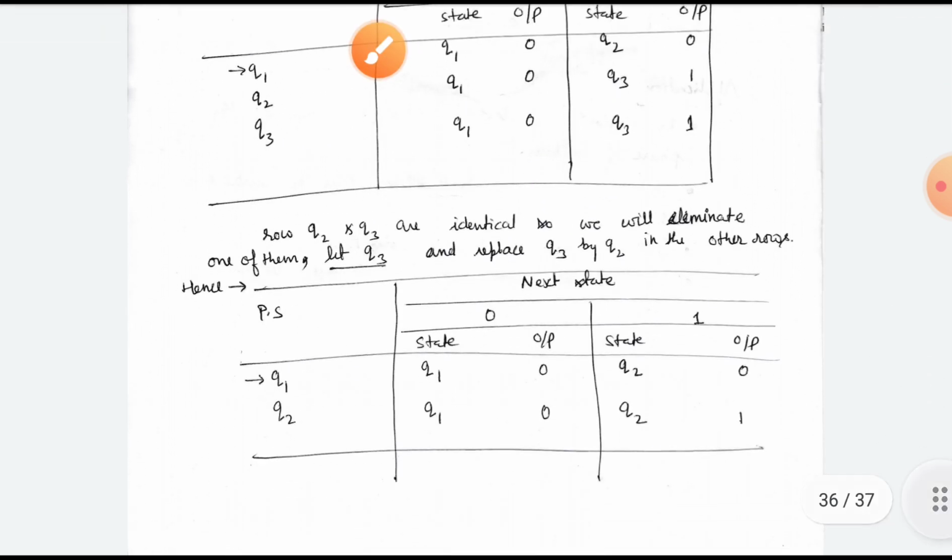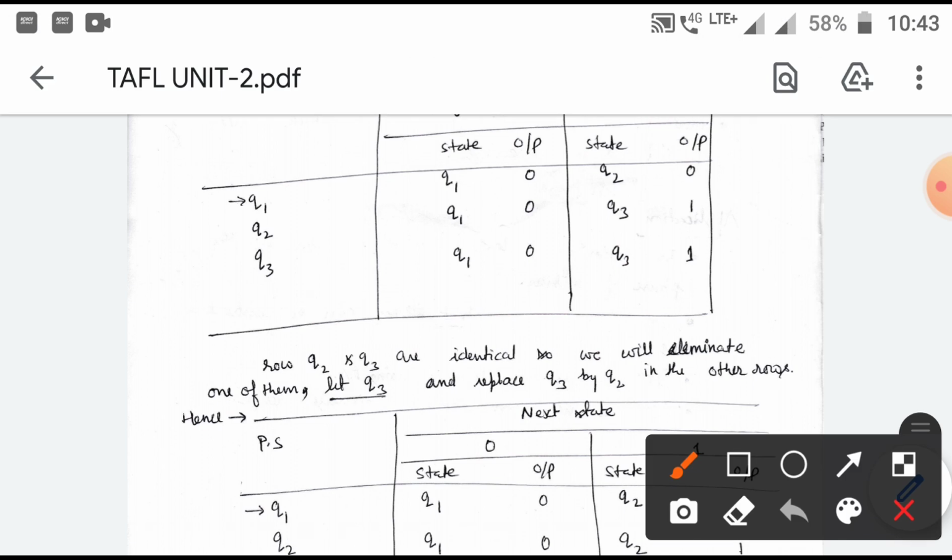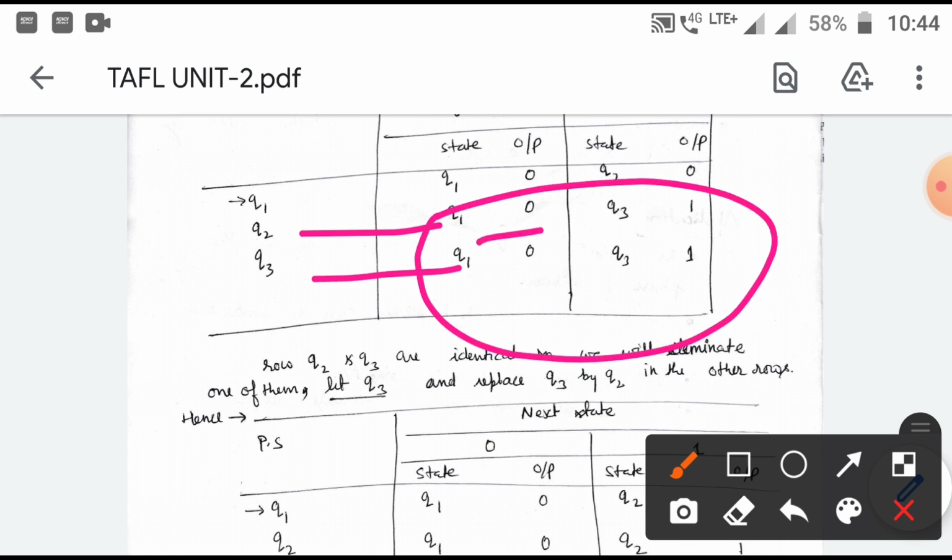So this is the final table, and we can do some optimization. We can see that these two rows are identical in this portion: Q1 0, Q3 1, and Q1 0, Q3 1. So one of the states, Q2 or Q3, can be eliminated.